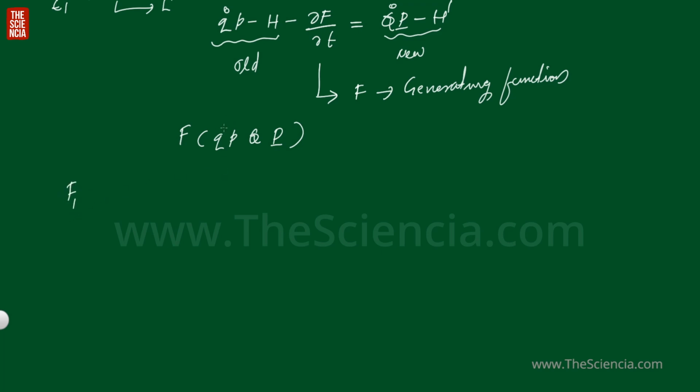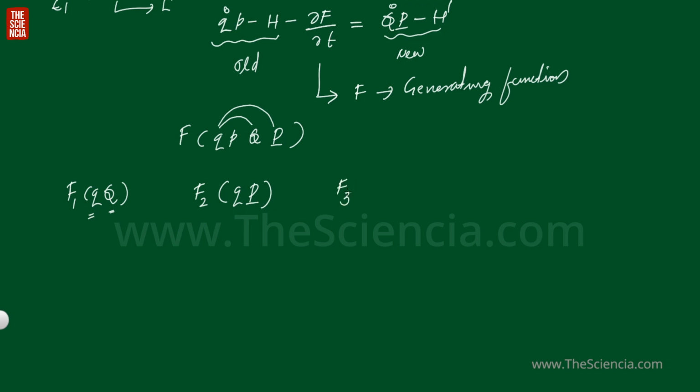In constructing f1, we take the combination of q and capital Q. So you can see one is an old coordinate and another is a new coordinate, right? Another generating function f2 is a combination of q and capital P. Here also one is old and one is new.